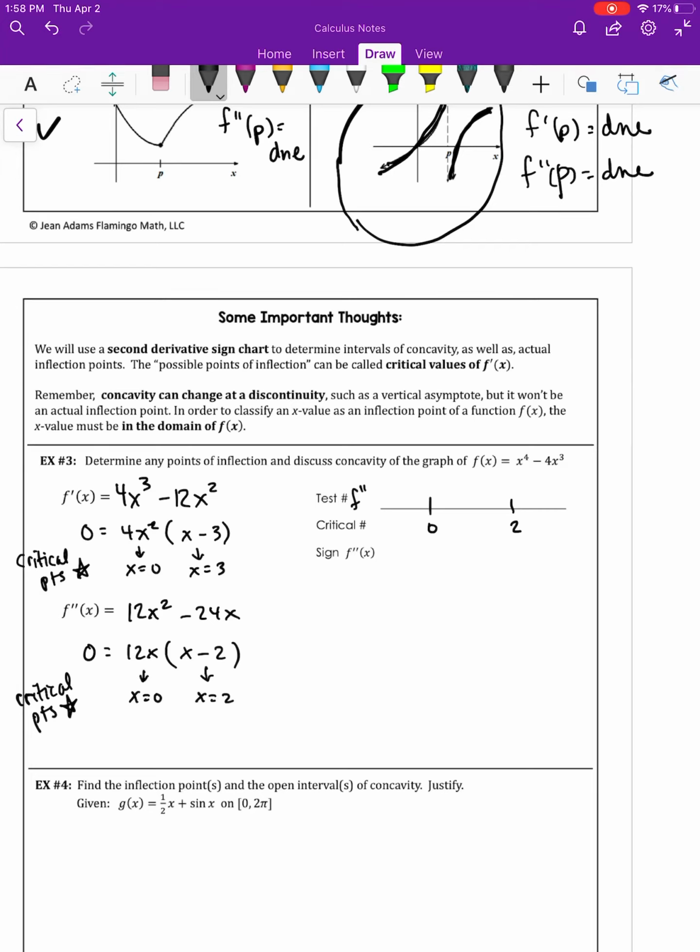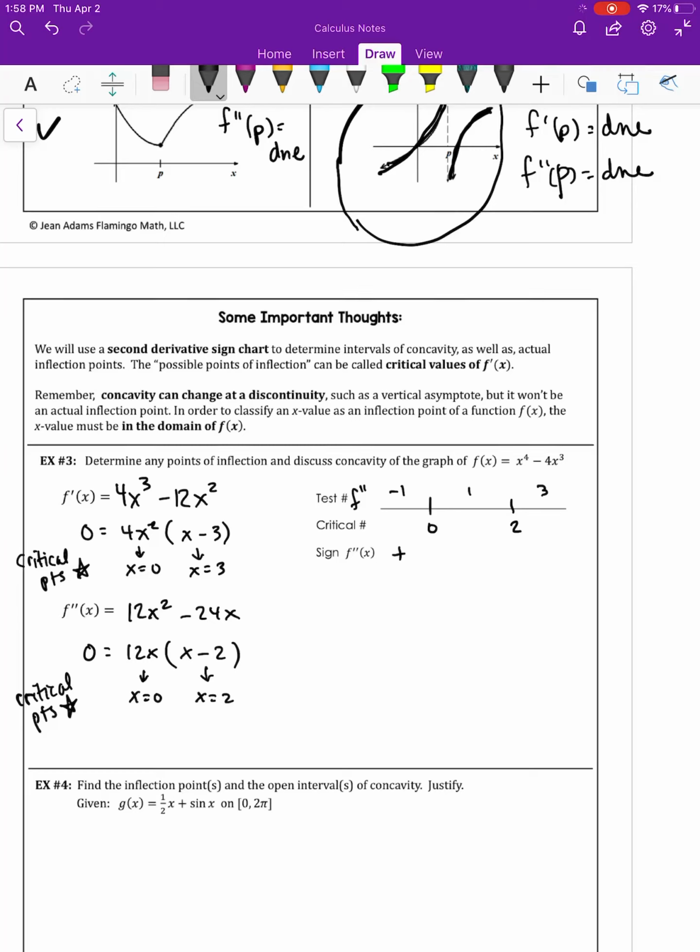So if I tested, let's say, negative 1 here, I'm going to test positive 1 here and test 3 here. You're picking one point to the left of 0 and looking at what the sign of f double prime would be. So if I put that in, I would get a negative times a negative, which would give me the sign for f double prime as positive.